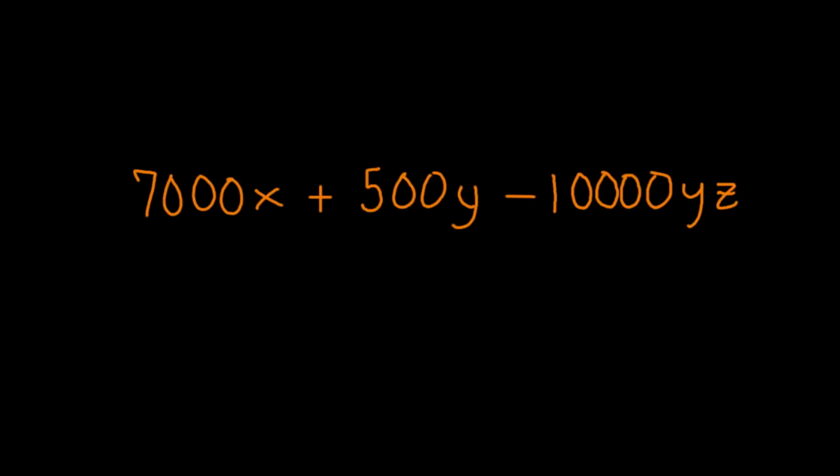Okay, so let's go ahead and take a look at one final example involving trailing zeros. So take a look at this. We have 7,000x plus 500y minus 10,000yz. So believe it or not, finding the GCF when there's zeros in the back of the numbers is simple if you follow this trick.